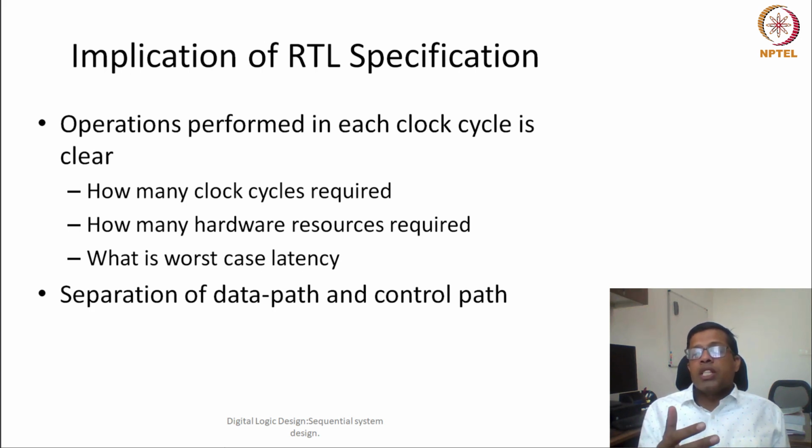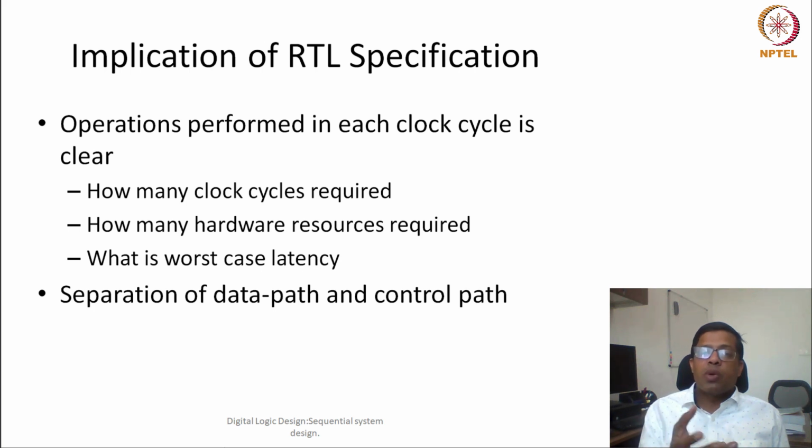What does this mean? If we know which operations are performed in each clock cycle, that means the overall application would also have been divided and segregated into different clock cycles, and we also know how many clock cycles are required to compute a particular application or a particular operation.